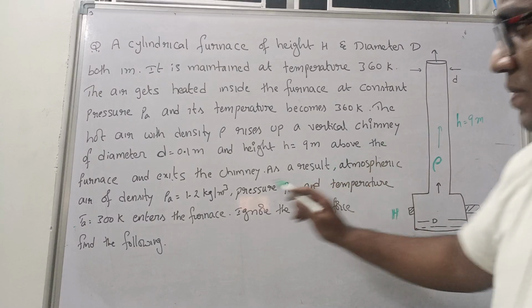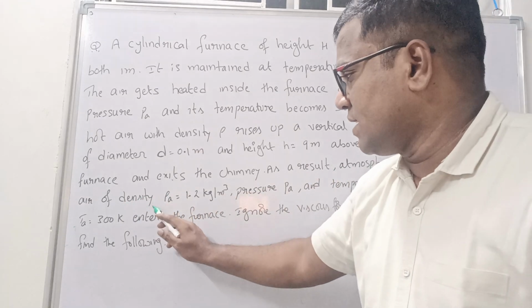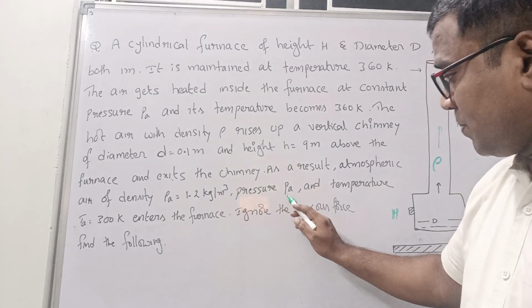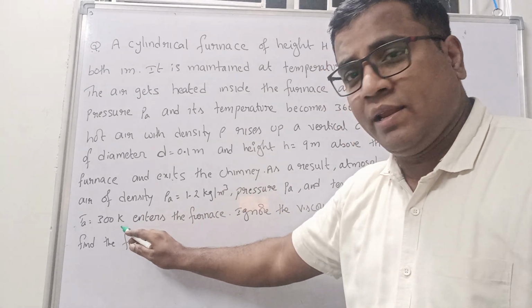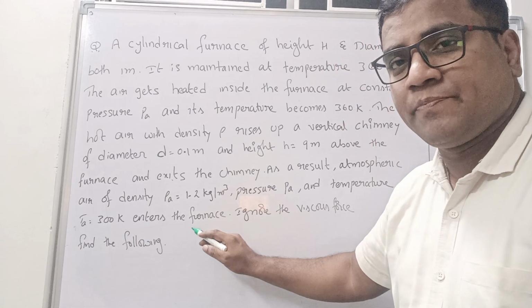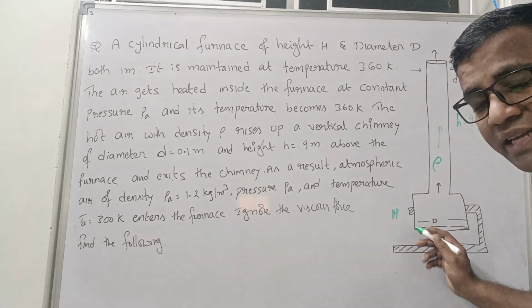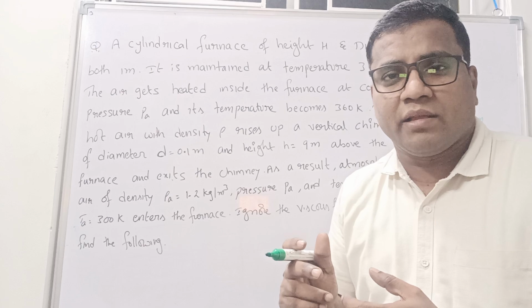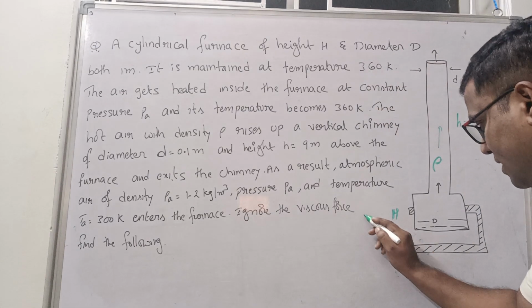And he is saying that as a result, atmospheric air density rho A 1.2 kg per meter cube, pressure PA and temperature TA which is equal to 300 Kelvin enters the furnace. That means here air is entered. It is a furnace, right? That means a device where we can heat the air. So air is entered in this direction.